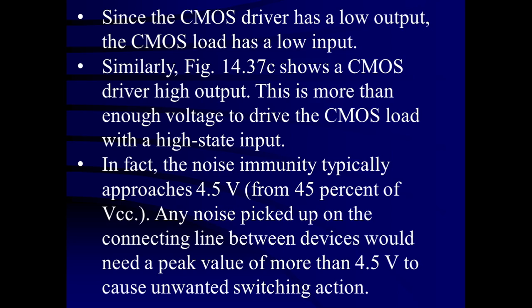That means the noise immunity in the CMOS device is very fine compared to the TTL's 0.4 volt. Here it is 4.5 volt. So an RF signal of peak value up to 4.5 volt will not cause any unwanted switching action.